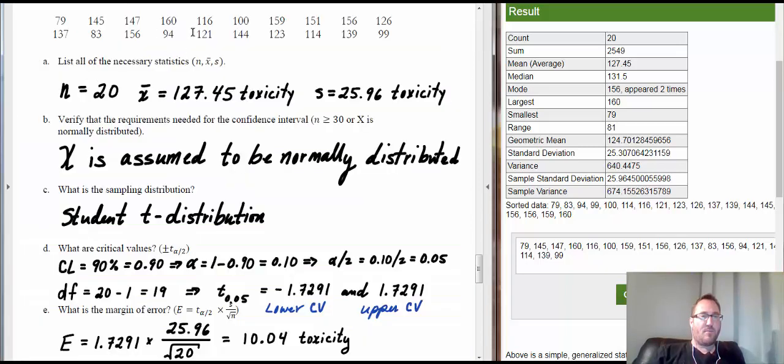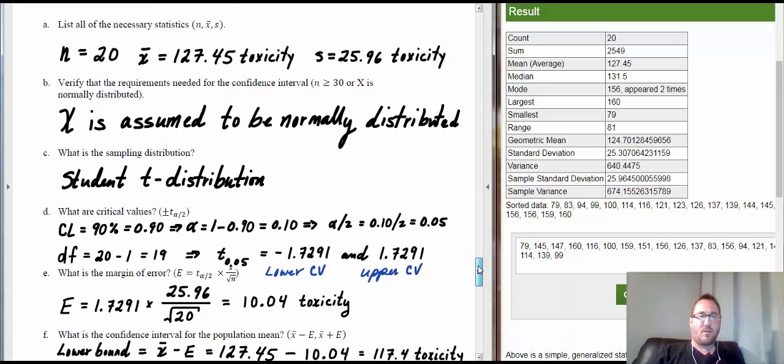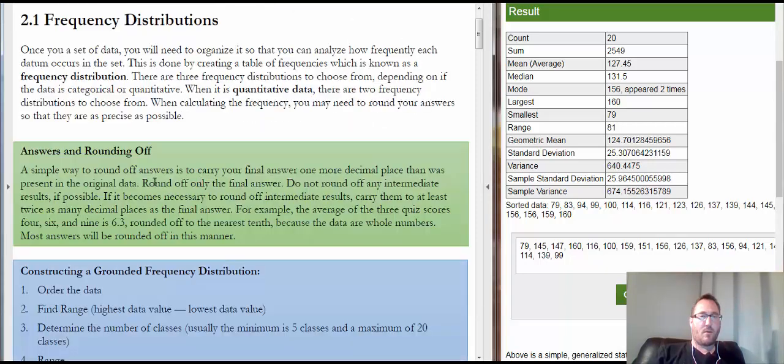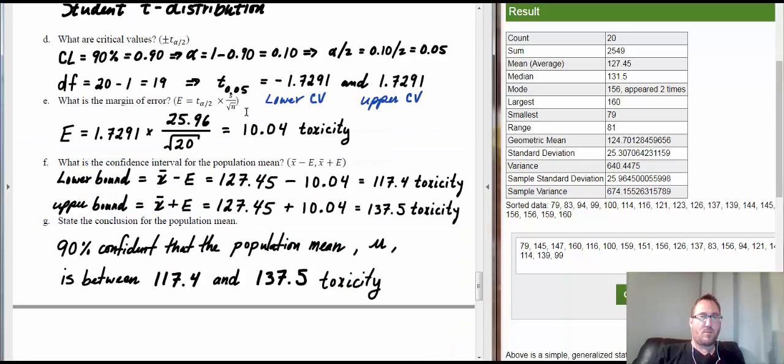So again here, because those are whole numbers, we want our answer to be one more place. Round off the final answer. Do not round any intermediate results if possible. But if it becomes necessary to round off intermediate results, carry them at least twice as many decimal places as the final answer, and that's why over here those are all repeating decimals. I went twice as many as the final answer, and that is why I came up with 2 places for those.